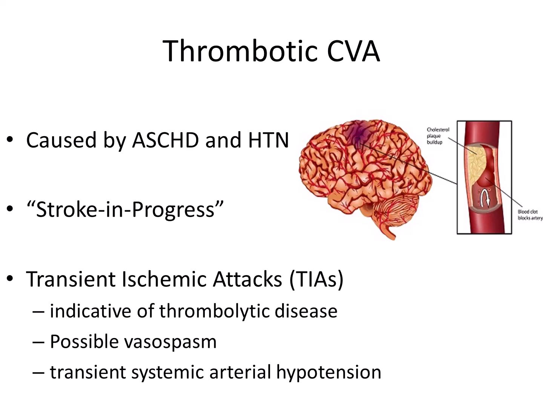It's indicative of thrombolytic disease. It could be due to a vasospasm in the artery. And anyone who's had a transient ischemic attack is at very high risk for having a full-blown thrombotic CVA.